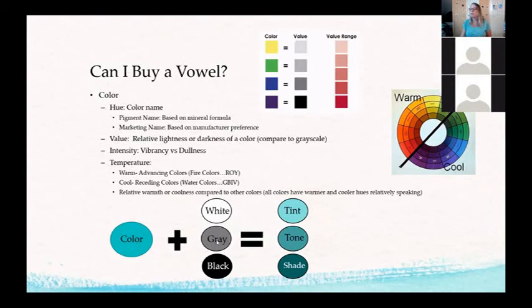And getting grays, if you mix colors across the color wheel, the opposite or contrasting color, that will create a shade of gray because they cancel each other out.